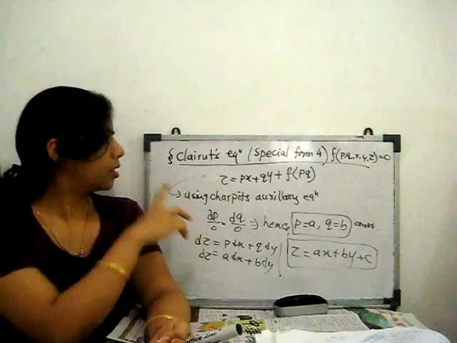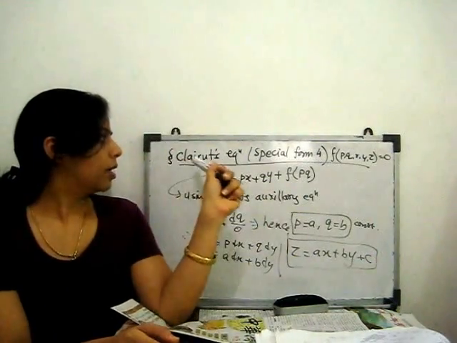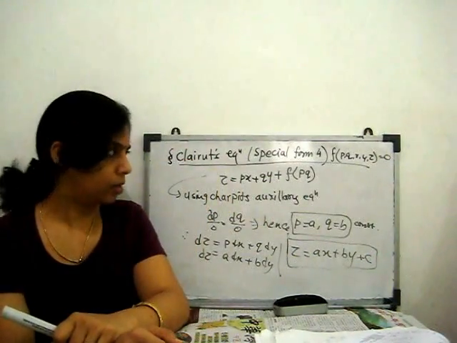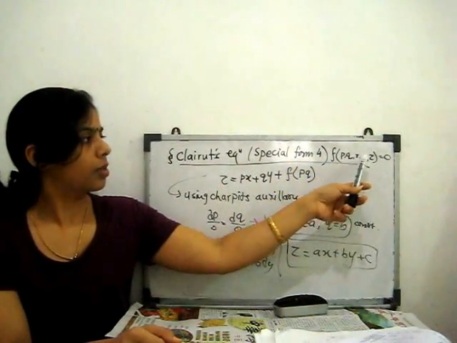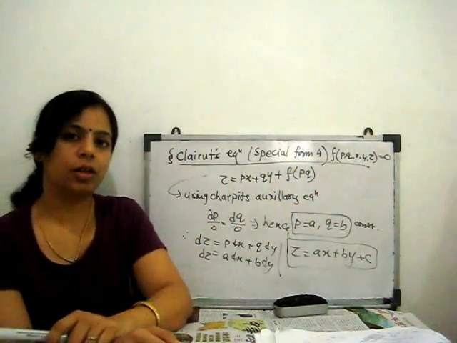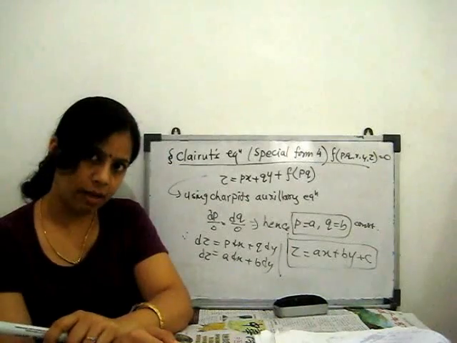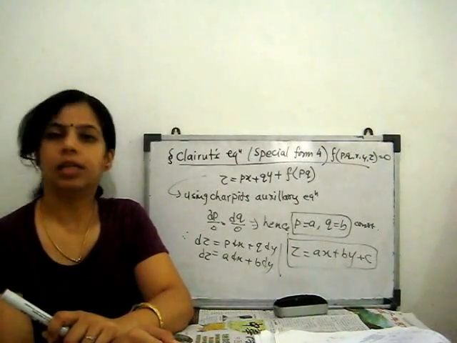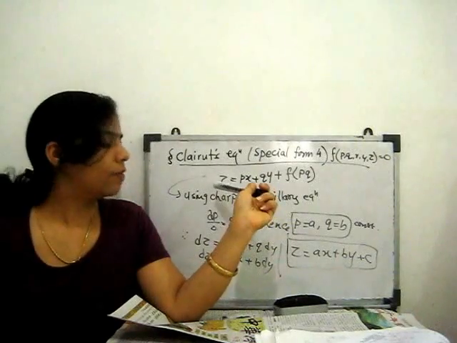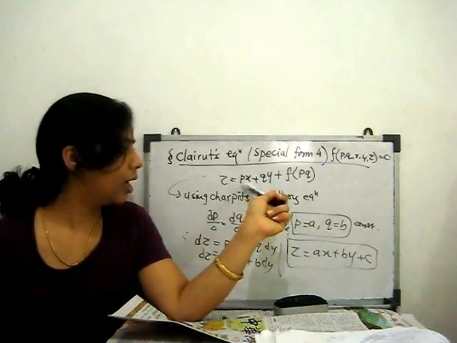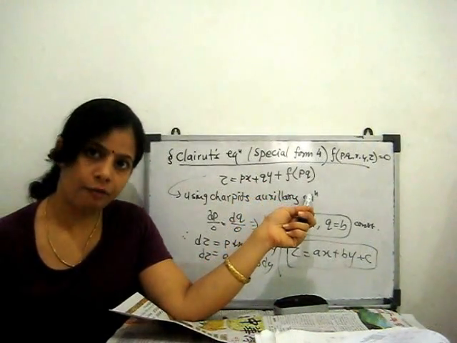So today we discuss the last special form. We can say this is Clairaut's equation. What is this form? If our nonlinear partial differential equation f(p, q, x, y, z) = 0, where all variables are present, can be arranged in this form, z equal to px plus qy plus f(p, q).